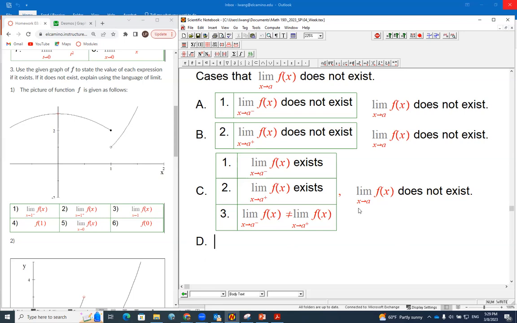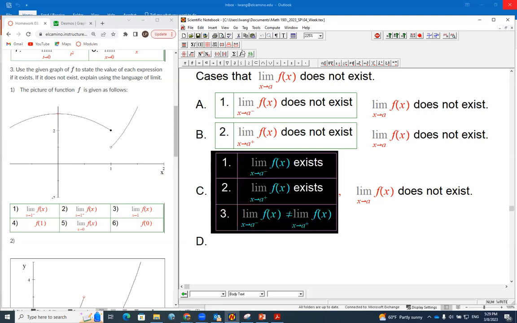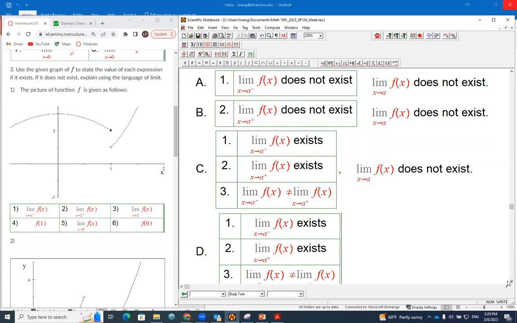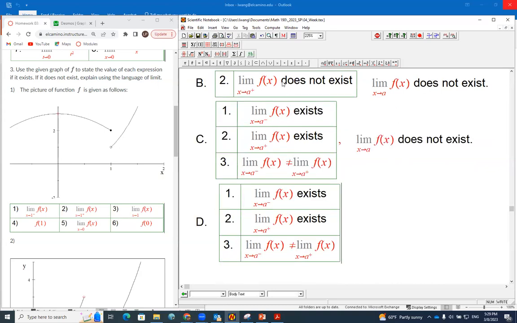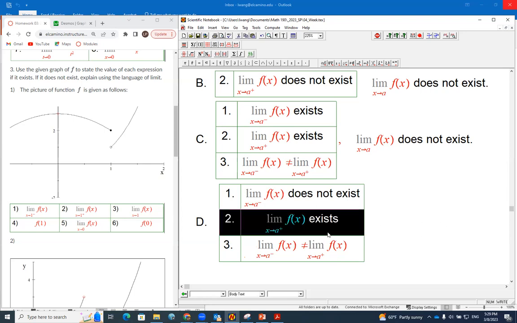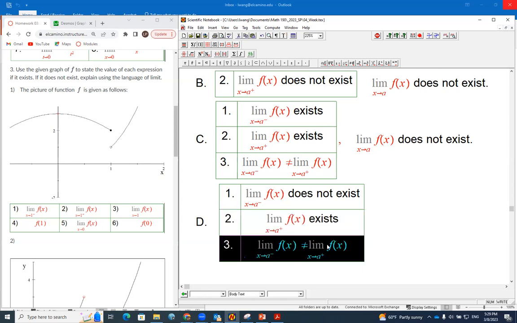So D could happen, so what? One exists and the other one does not exist. So there could be another case. This one does not exist. In this case, you don't have to even check these two.